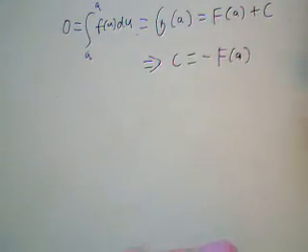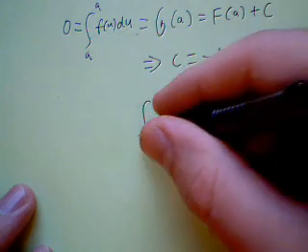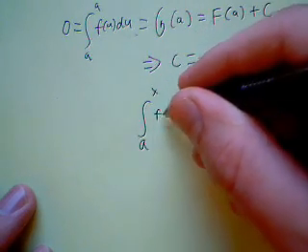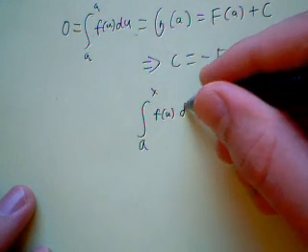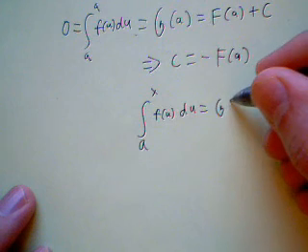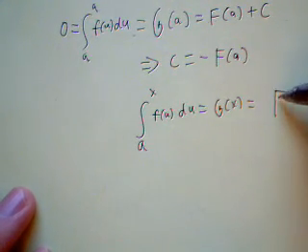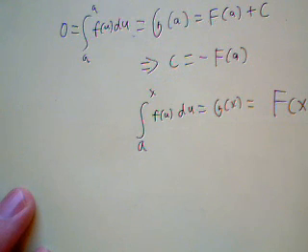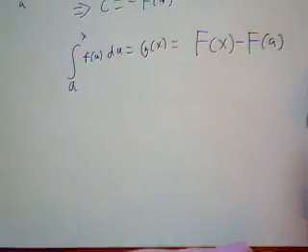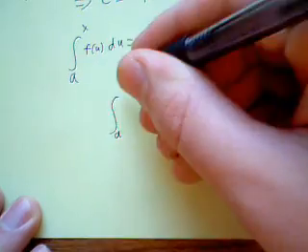Great. So that means that the integral from a to x of f of u du is equal to g of x, which is actually just F of x minus F of a. And all that remains to complete the proof is to say, well, let x equal b.